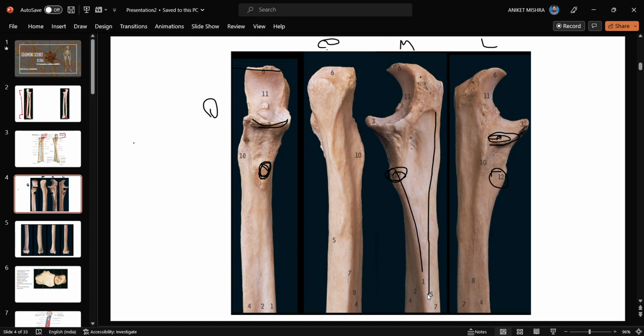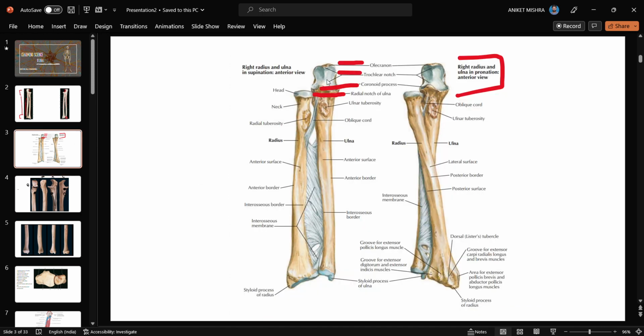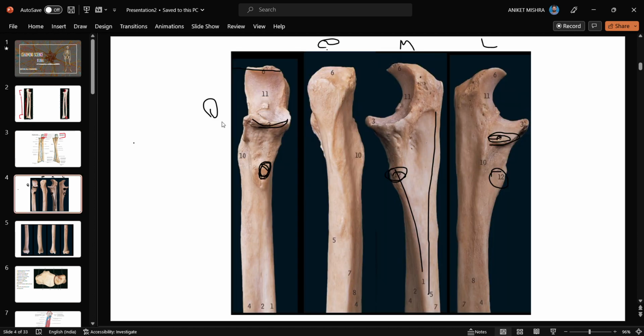When we talk about the trochlear notch, it forms an articular surface that articulates with the trochlea of the humerus to form the elbow joint. Here is the structure for the trochlear notch.